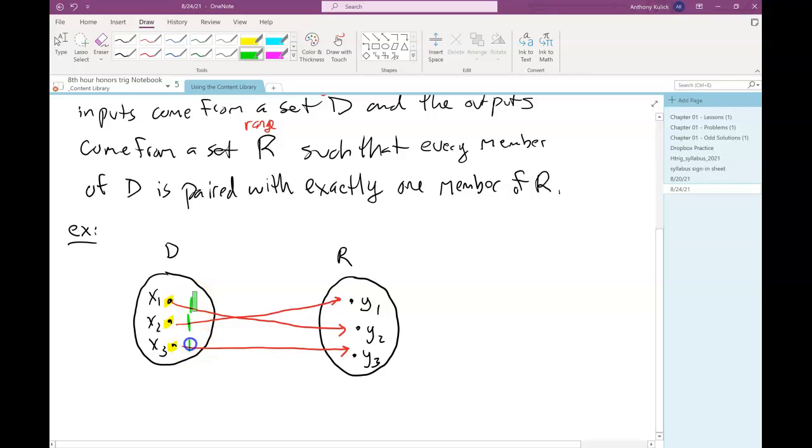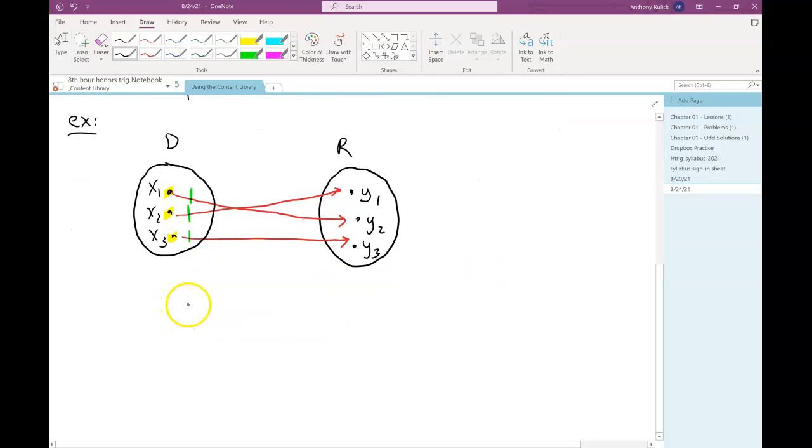So because they all just have one arrow originating from them, we know they're paired with exactly one thing. So this would represent a function. Everybody good with that idea? Okay. Let's look at a couple more examples of this just to make sure that we got it. And then we'll move on to another representation.